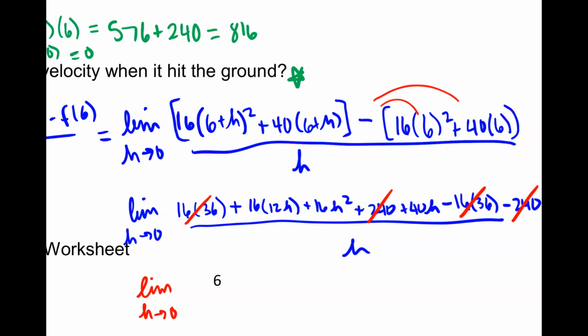Limit as h approaches 0. Let me change colors just so we can be clear. 12 times 16 is going to be 192h, plus 16h squared plus 40h divided by h.